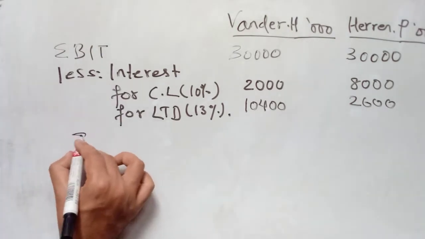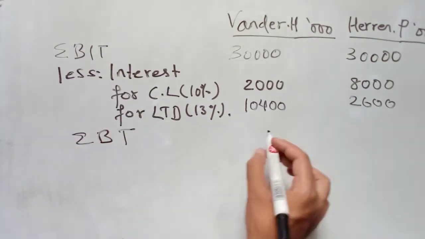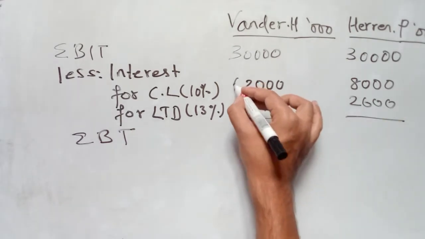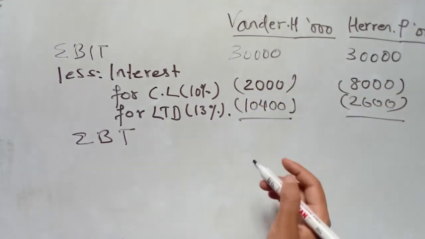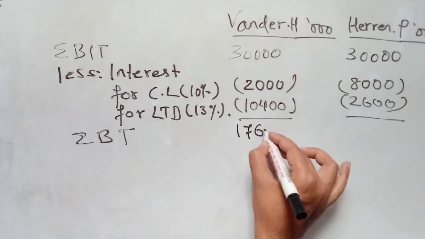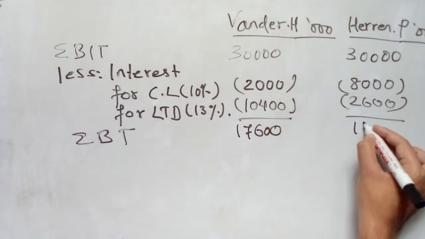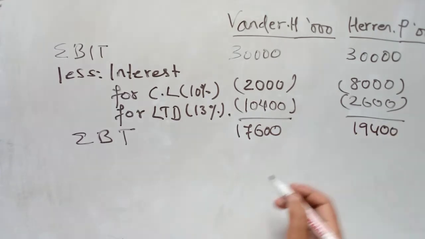So here we get earning before tax. Deducting these two, what we get is 17,600 and 19,400.